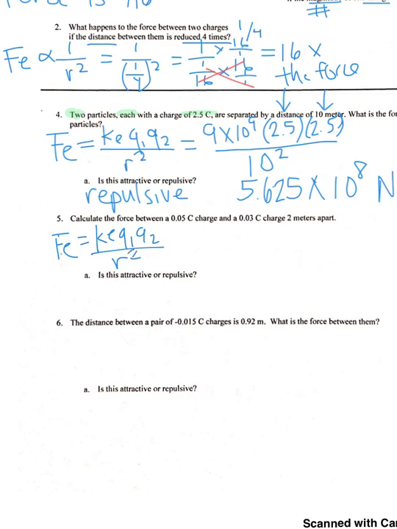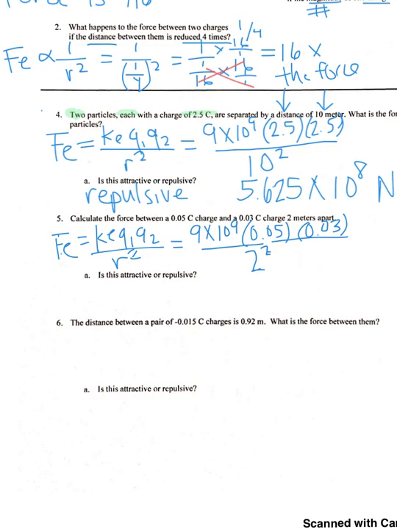Okay, so we're starting, the Ke is 9 times 10 to the 9th times 0.05 and 0.03 divided by R squared. So that's 2 squared.